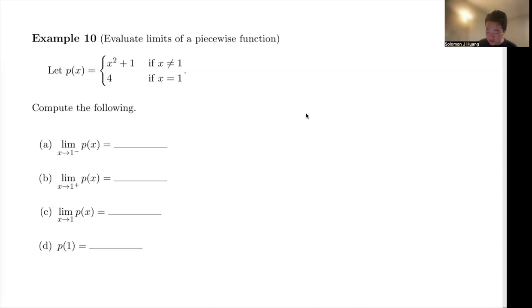different function. For example, if I had P of 1, since X is equal to 1, P of X will take on the number 4. So that would be the answer, P of X evaluated at 1. Another more interesting example is if I have, say, P of 2. Running 2 into these two conditions, we can see that 2 is not equal to 1.